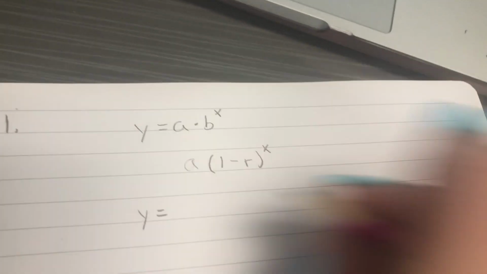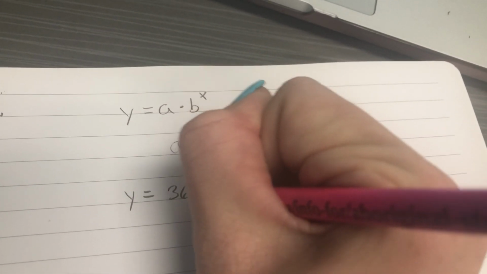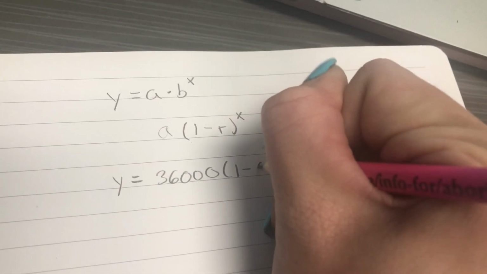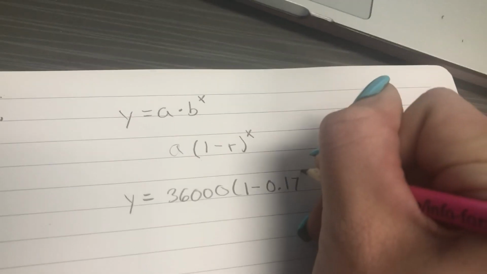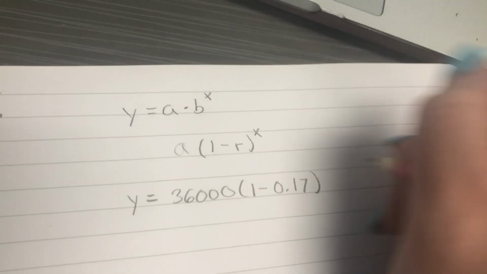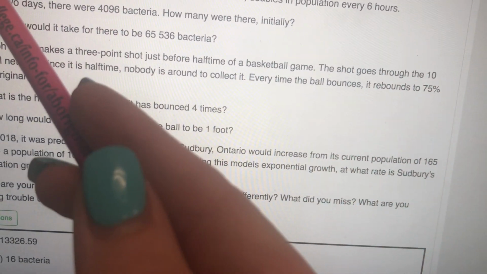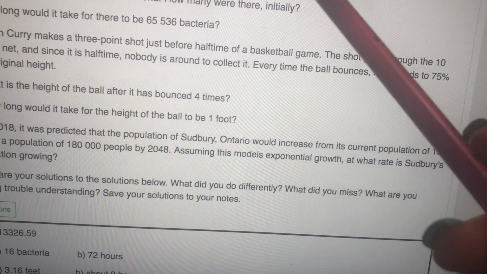So if I put all this in, I get 36,000, 1 minus 0.17, and then if we're looking at after 64 months, but our 17% is for each year.